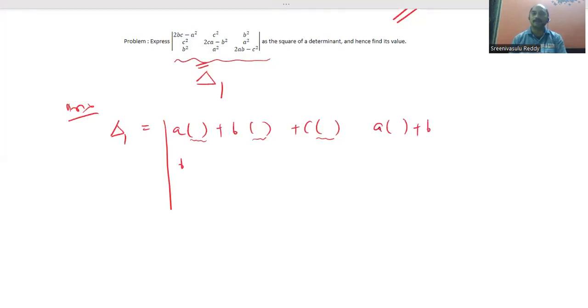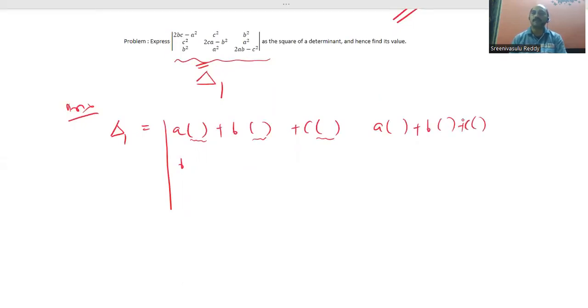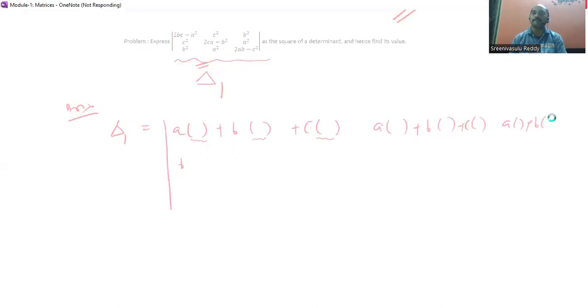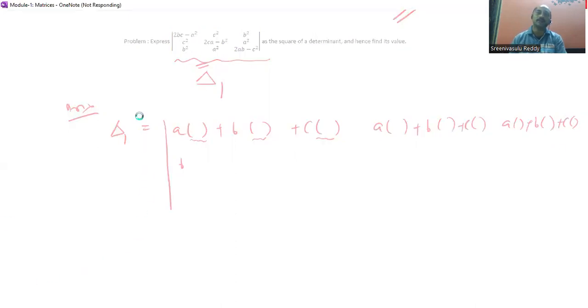Put braces like this, into something. The last row also the same thing: A, B, B, C into something. Det close. Here the screen is at its end. Very difficult.